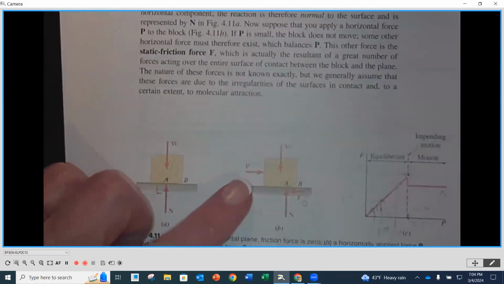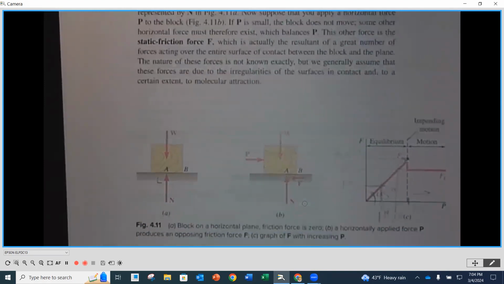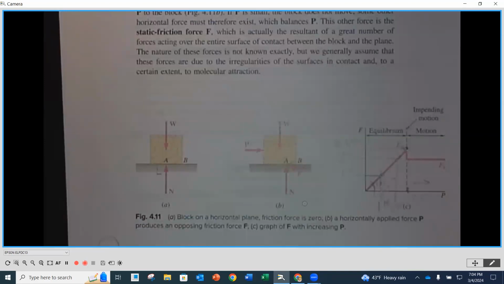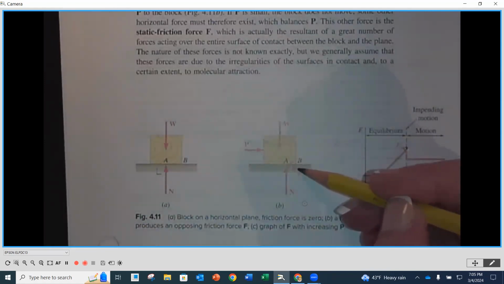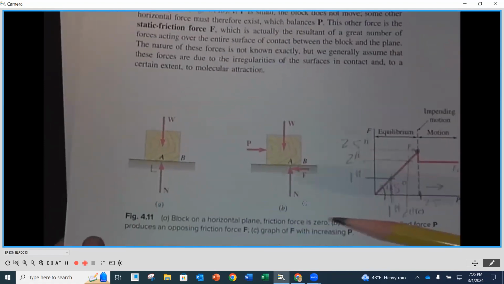So if we take this example and we think about the winter, and when we're driving our cars on icy or snowy roads, okay? Now it's important to have good tread because we want to increase the amount of friction as much as possible, and tread helps us, right? Tread on our tires. But more importantly, what increases this friction force is going to be whatever that normal force is.